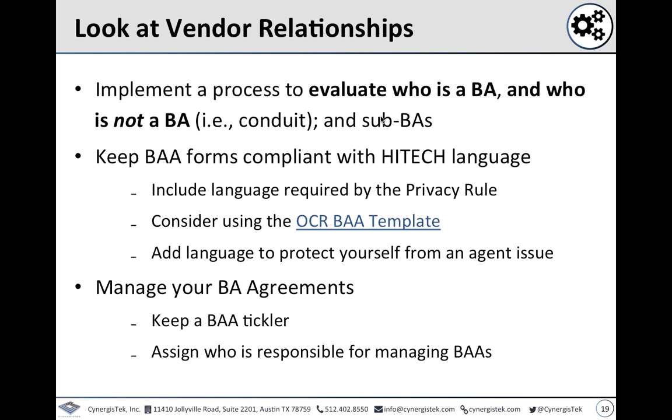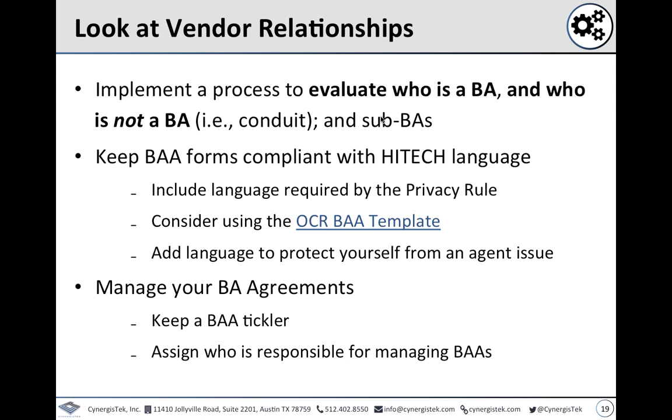So as you are creating and developing vendor relationships, you should be asking yourself, is protected health information being used or disclosed to this vendor as a part of my relationship or part of my activity with this contractor? And if so, do I have a business associate agreement in place before the PHI is being used or disclosed?